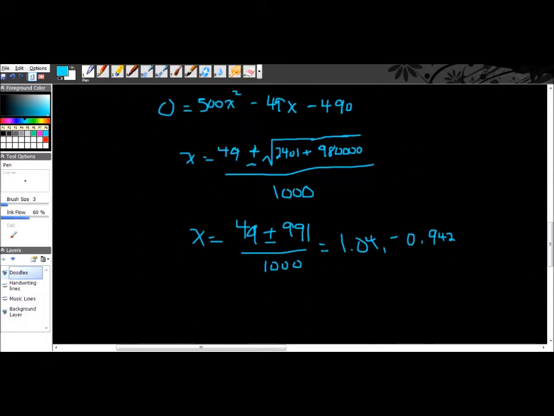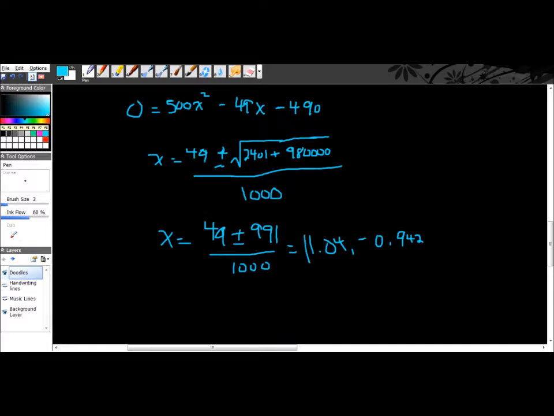Because of that, we take the positive root. So the total compression of the spring is 1.04 meters. And that is the answer.